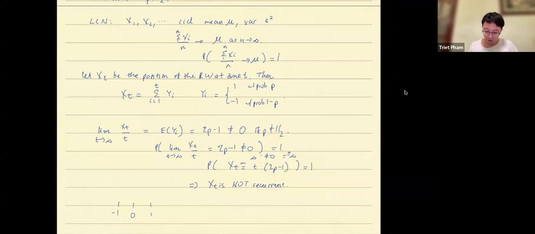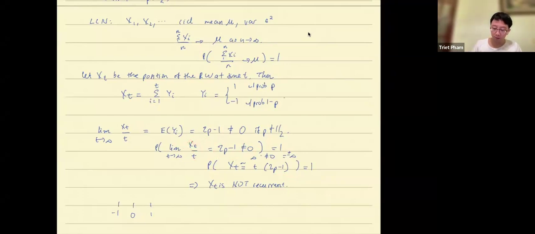Why so? Because if p is equal to 1/2, then all you get is that this number is 0. All you get is that the average position is 0. Well, the average position can be 0 in many, many ways.